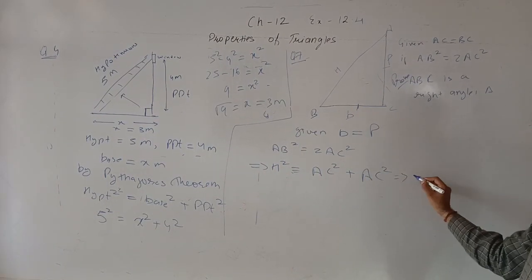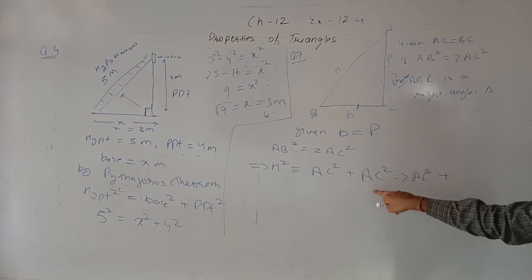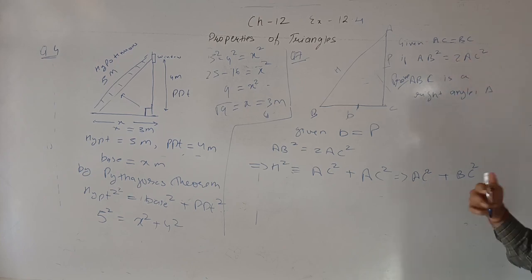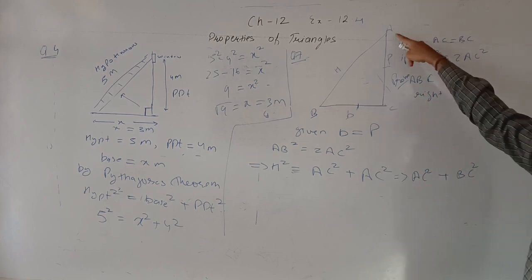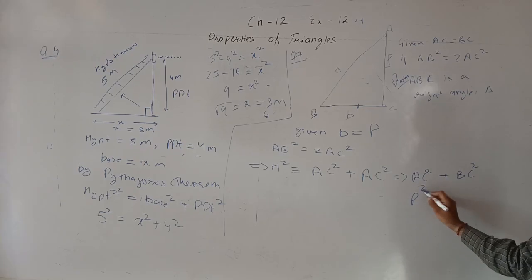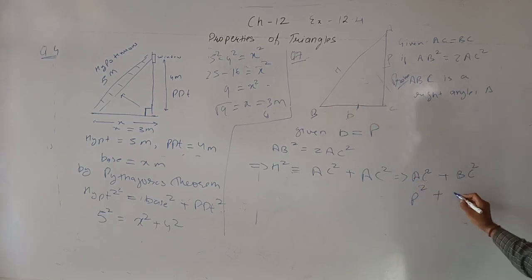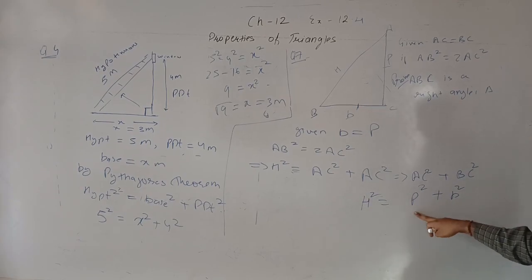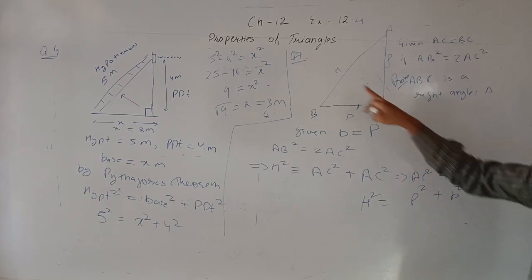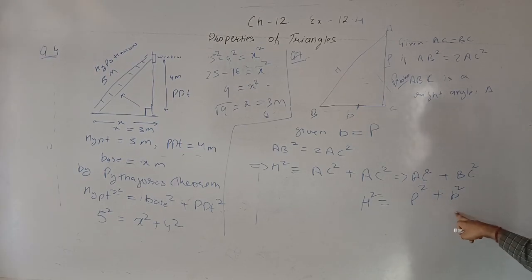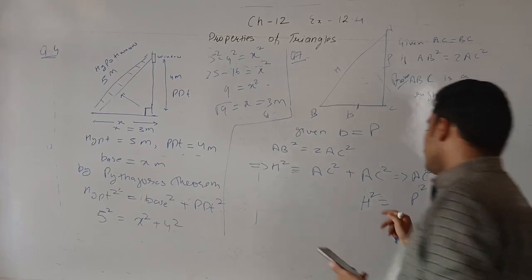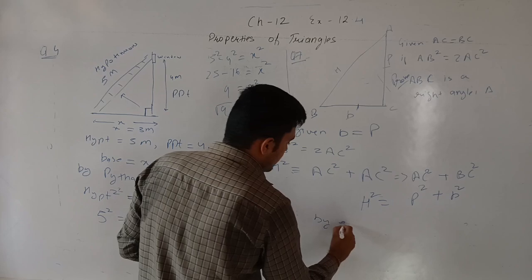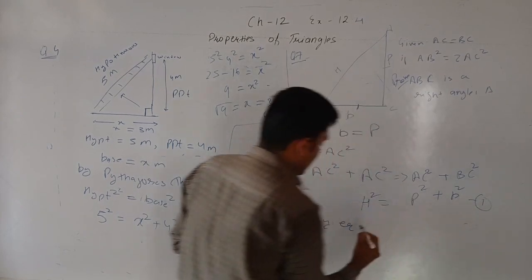Therefore h squared is equal to AC squared plus AC squared, and we can write this as AC squared plus BC squared. So h squared is equal to AC squared plus BC squared. AC is the perpendicular and BC is the base. So h squared is equal to P squared plus B squared. Therefore hypotenuse squared is equal to perpendicular squared plus base squared. We write this as equation 1.